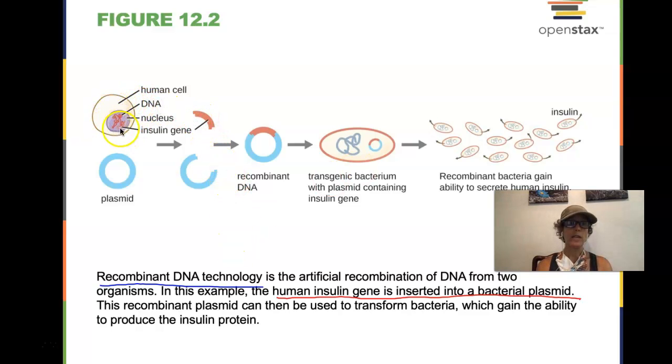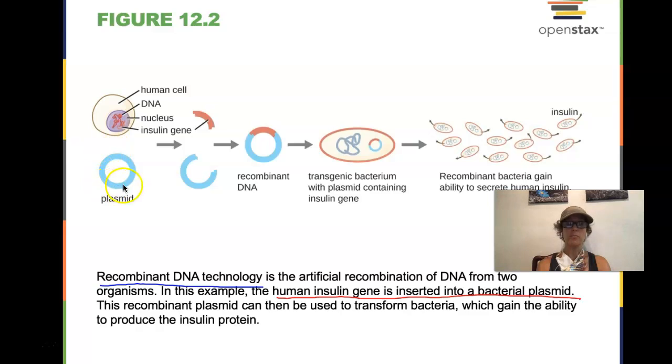We were able to isolate DNA from a human cell through various techniques. We have figured out the precise gene sequence, which piece of DNA in all of our 46 chromosomes encodes the information to produce insulin.